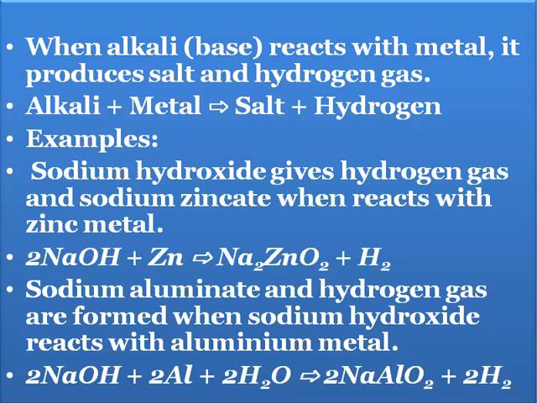Examples also include sodium hydroxide, which reacts with metal zinc to give hydrogen gas along with sodium zincate, the salt. The formula equation is two molecules of NaOH reacts with a molecule of zinc to give Na2ZnO2, sodium zincate, plus hydrogen gas H2, a molecule of both salt as well as of hydrogen gas.